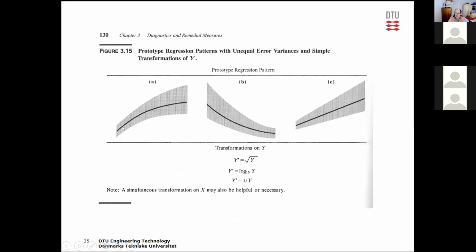If the band is diverging, if the band is changing the width or shape, that kind of implies you might want to tinker with the Y variable. So these are recommended transformations for the Y variable. And, you know, which one?